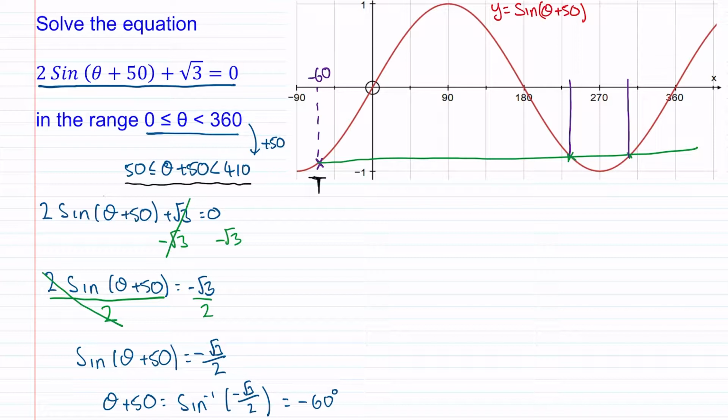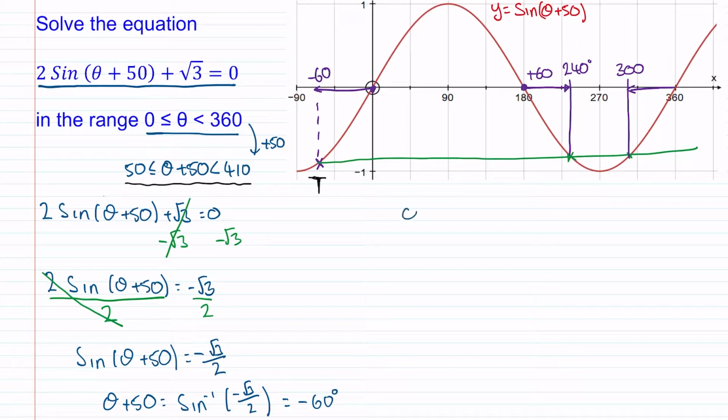Now we know when y equals 0, we go 60 degrees back to find our first solution. We can use the same idea at 180. We'll go 60 degrees to the right, and this solution will be at 240 degrees. The second solution will be 60 degrees to the left of 360, which is 300.